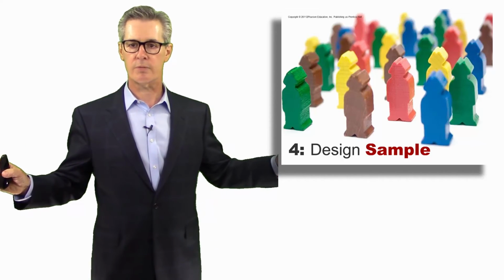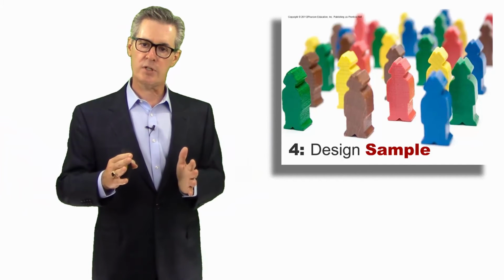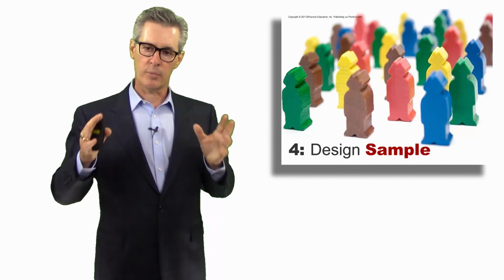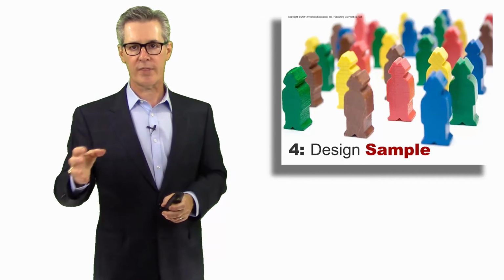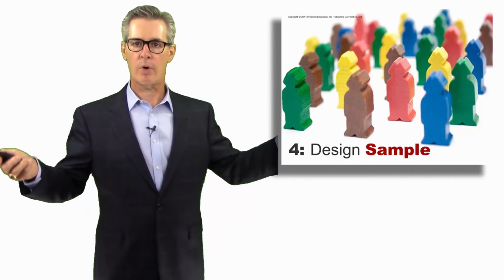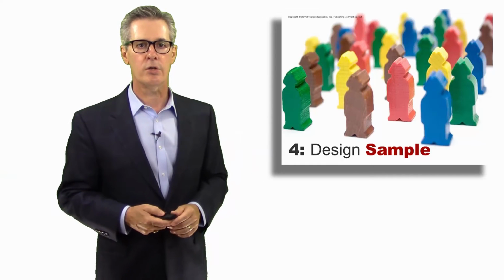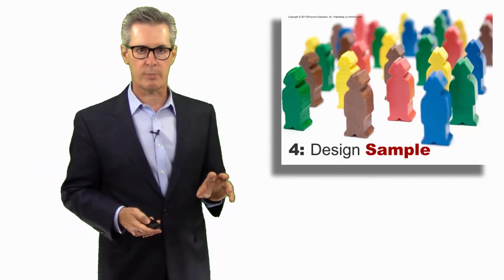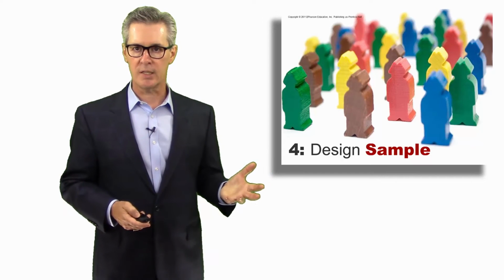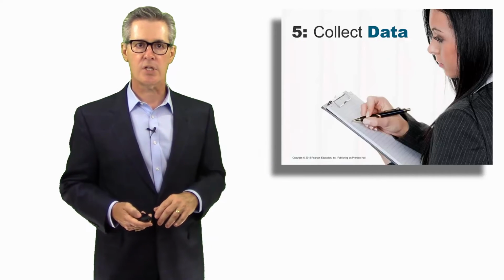Well, that's too expensive to do. So we take a representative sample, a much smaller group, and then we generalize based on what that sample tells us about what the larger population is likely to do. In class we'll talk about the two broad categories of sampling, which are probability and non-probability sampling.